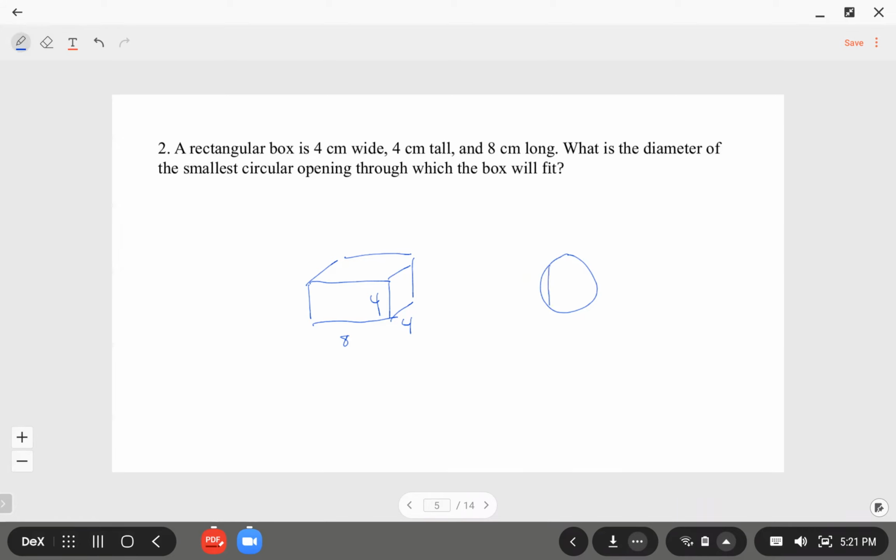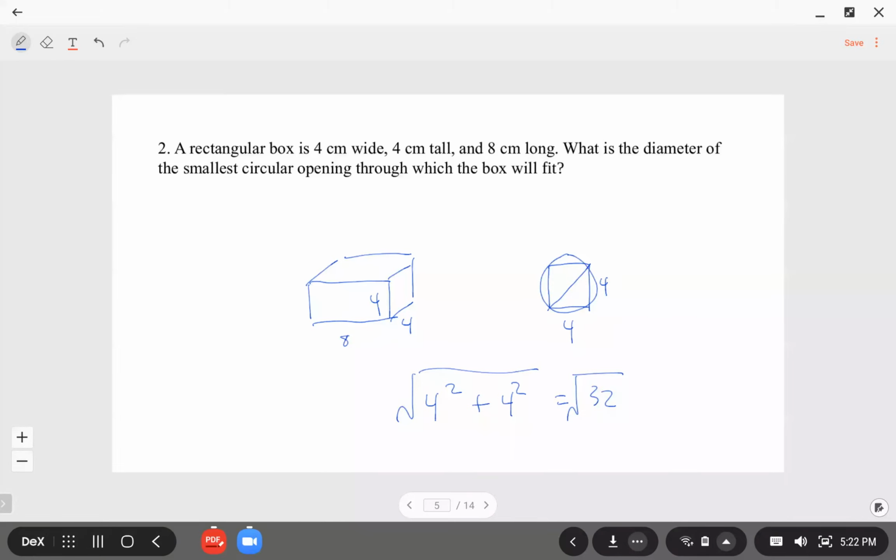So since we know that this square is 4 by 4, get the diagonal of that square. That will be the diameter. What is that?